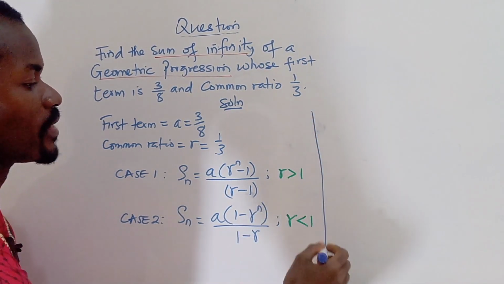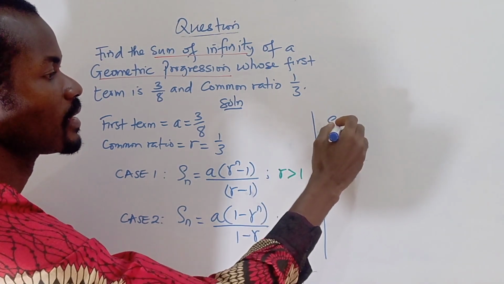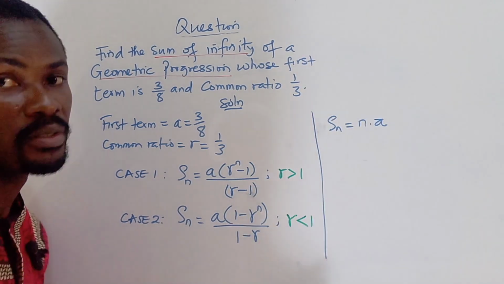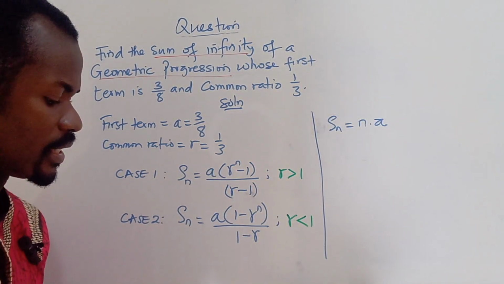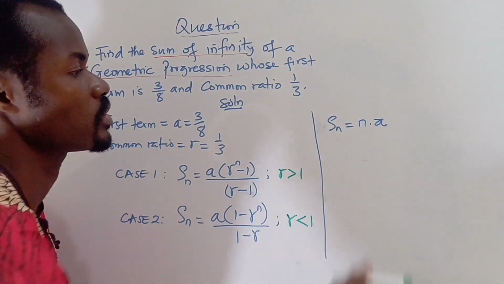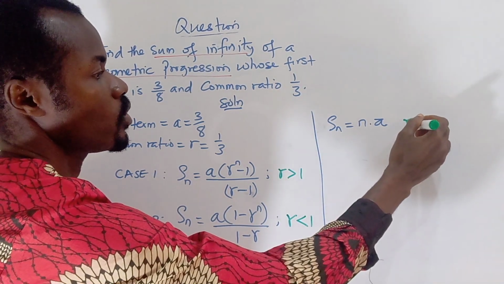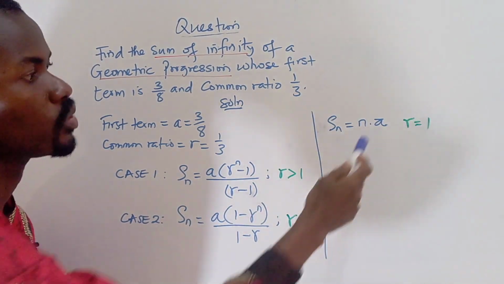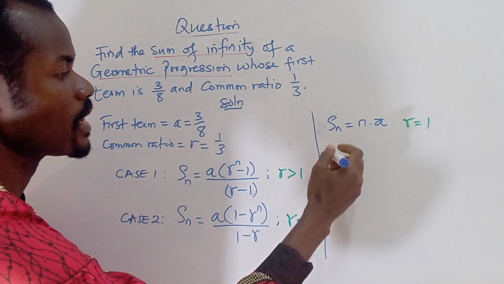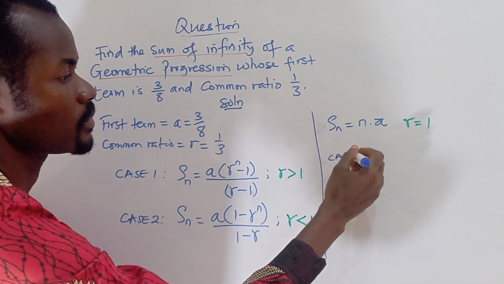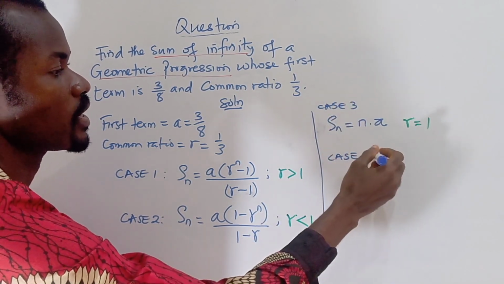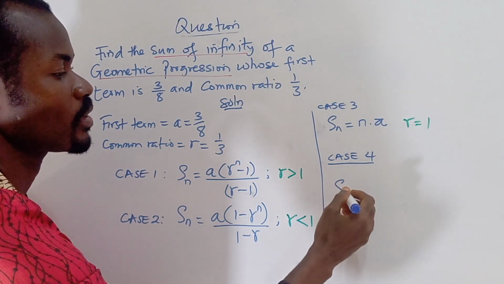Alright, so we also have case 3. For case 3, the sum is n, the number of terms, times a, our first term. For case 3, the condition is that your r is equal to 1. So when your common ratio is equal to 1, you use this.